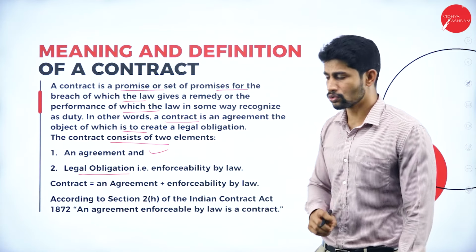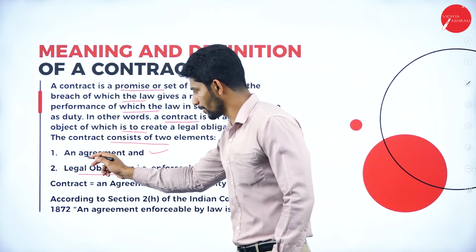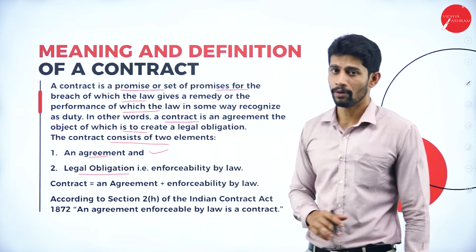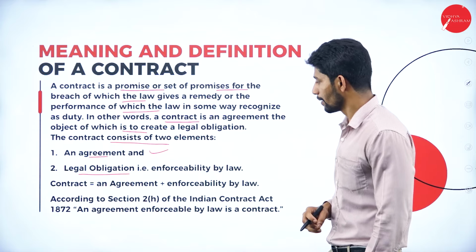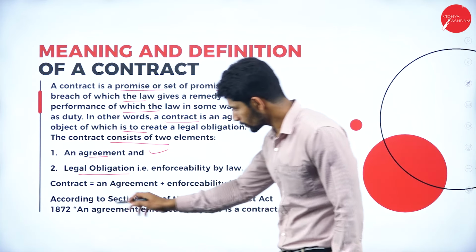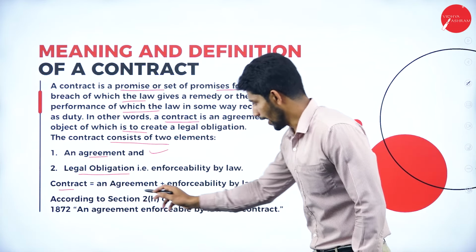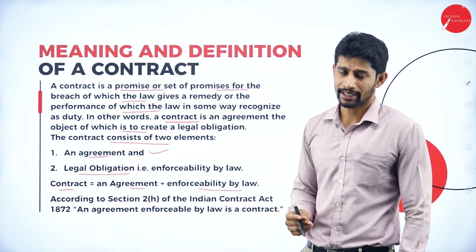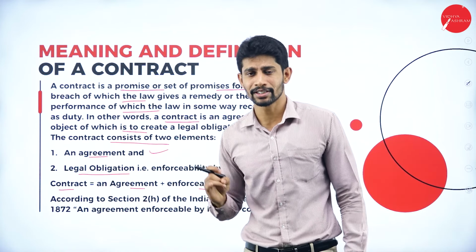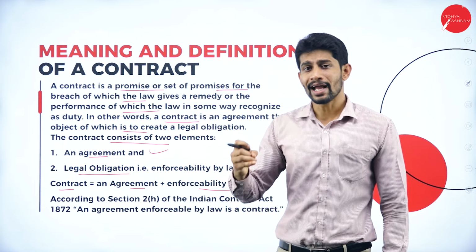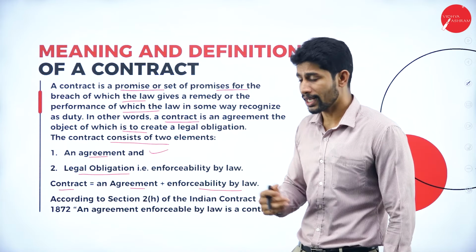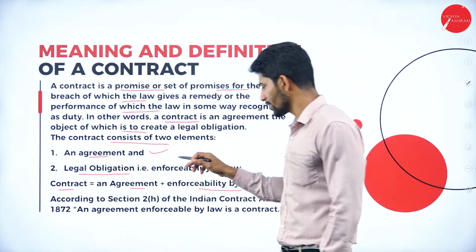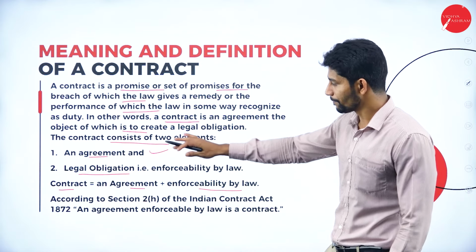It involves two elements: an agreement and the legal obligation, that is the enforceability by law. So again, an agreement plus enforceability by law is called a contract. Easily you can memorize: agreement is nothing but proposal and acceptance of proposal. Contract is nothing but agreement plus enforceability by law.